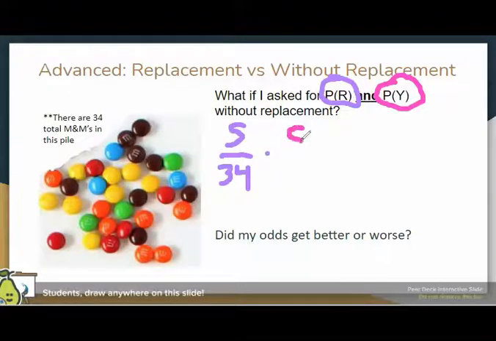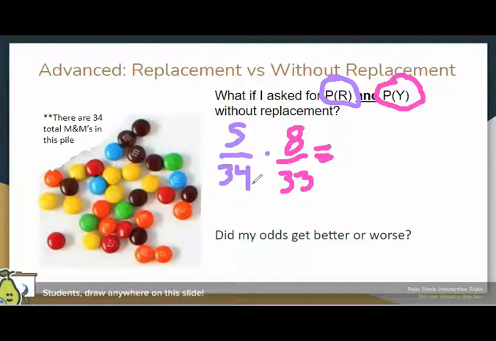Okay? So you then have an 8 out of 33 chance of pulling a yellow because you did not replace this red one right here.